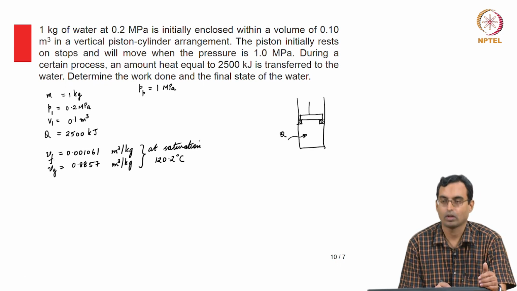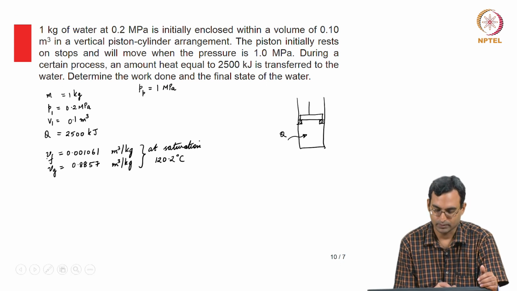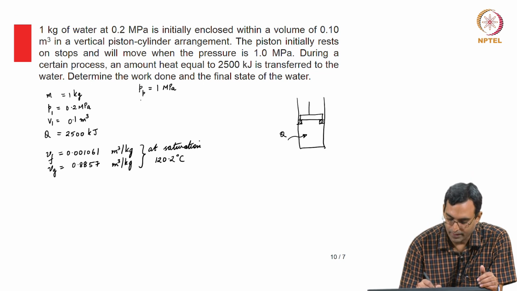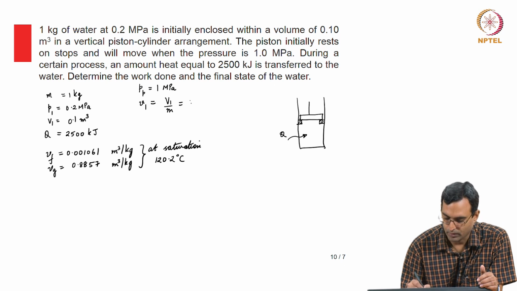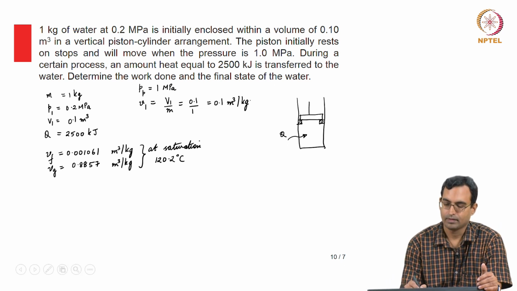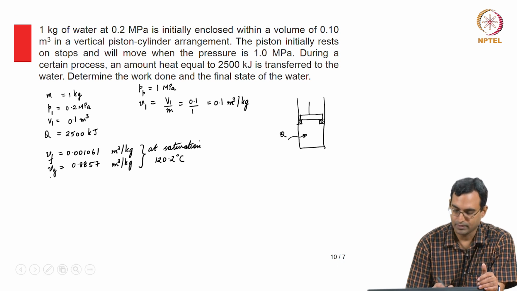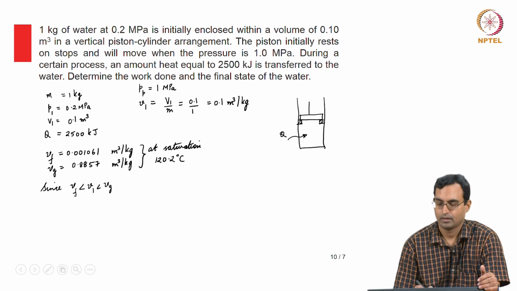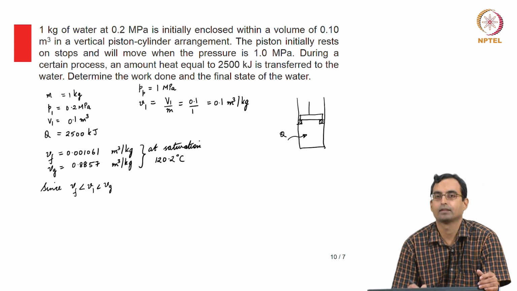This would be the specific volume of water liquid, and this would be the specific volume of water vapor. The specific volume we have here, V1, is essentially this, which is 0.1 divided by 1 kg. So, then since this value lies between Vf and Vg, therefore, at condition 1 we must be having a saturated mixture.